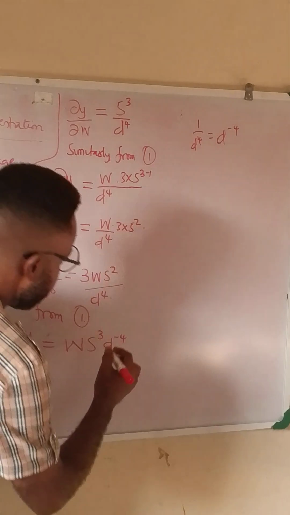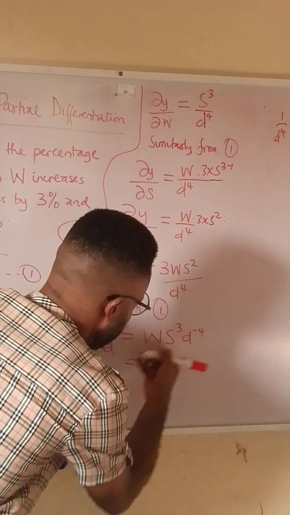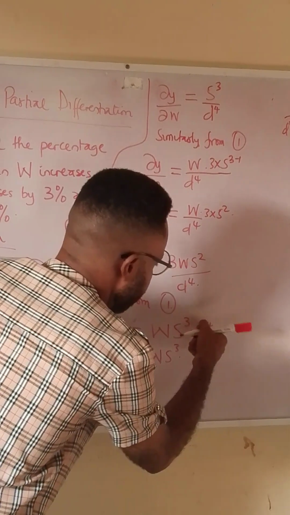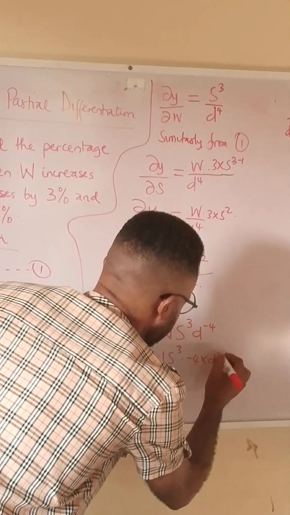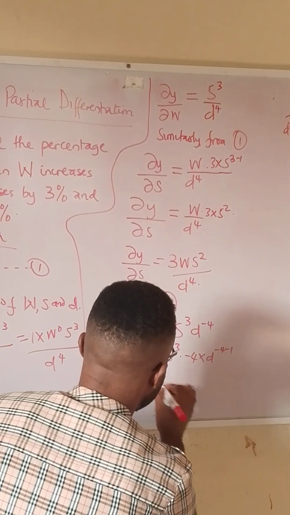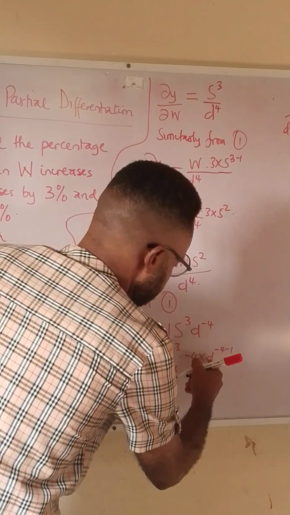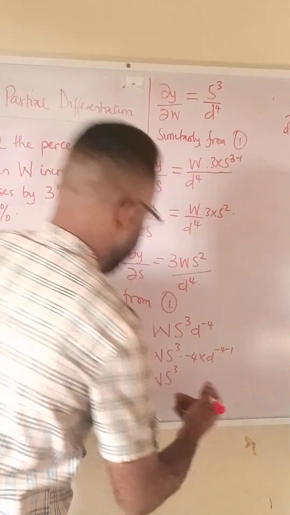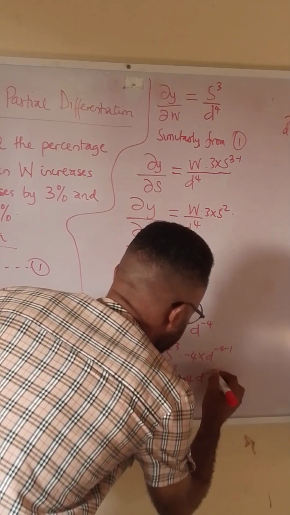And so if we are differentiating it, since this is constant, we are not considering this, so we keep w s cubed constant, and then we are differentiating d raised to power minus 4. So this will be minus 4 times d raised to power minus 4 minus 1. So this is going to give us w s cubed times d raised to power minus 4 minus 1, which is minus 5. So this one will give us minus 4 d raised to power minus 5.